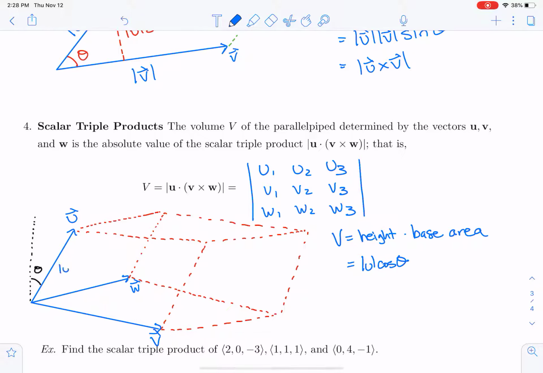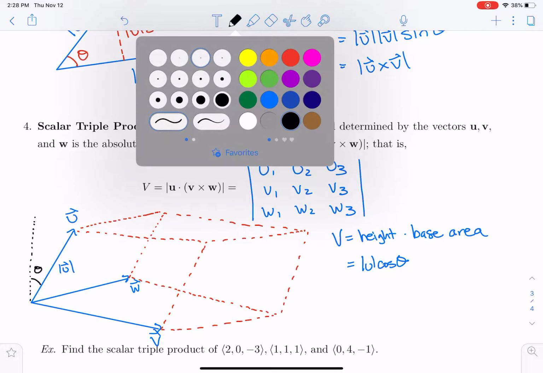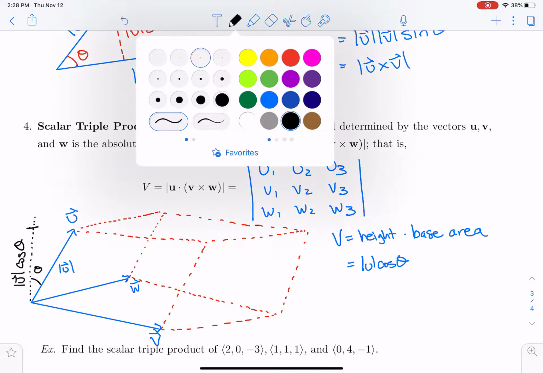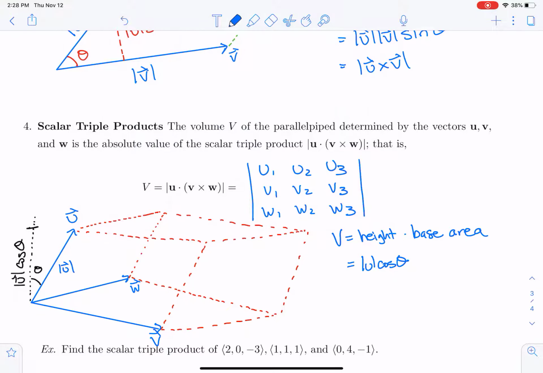So here we have the magnitude of u here. And then what we're saying is that this height is going to be the magnitude of u times cosine theta. And then the base area, well, the base area we already saw is going to be the magnitude of v times the magnitude of w times the sine of the angle between them. I'm going to give that angle a name, phi.